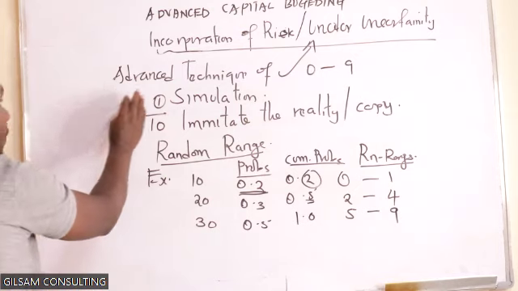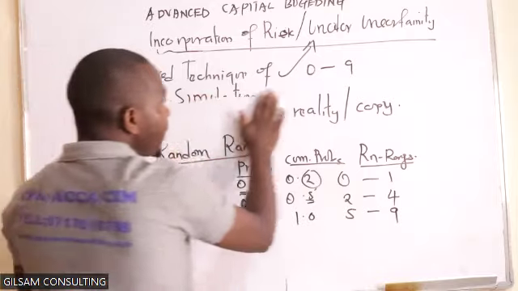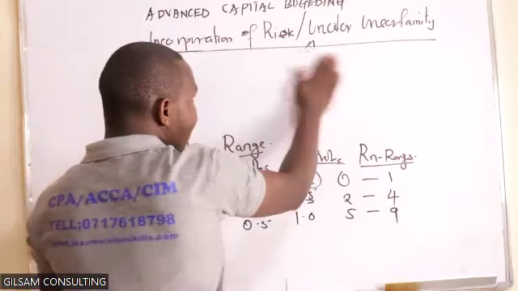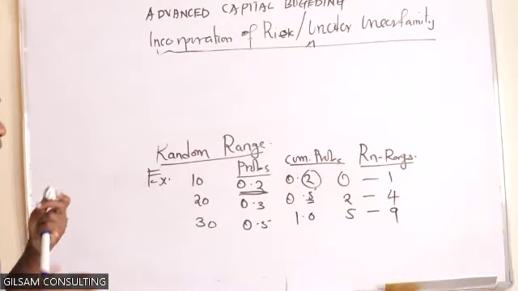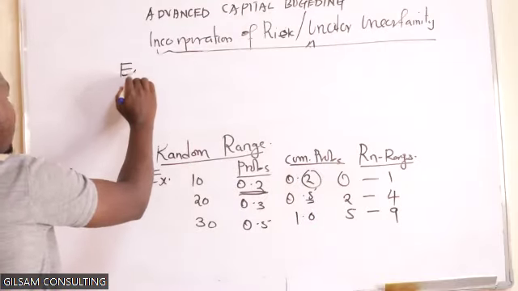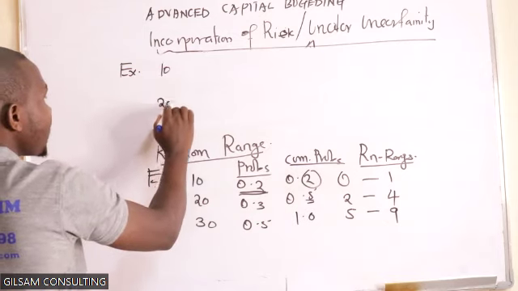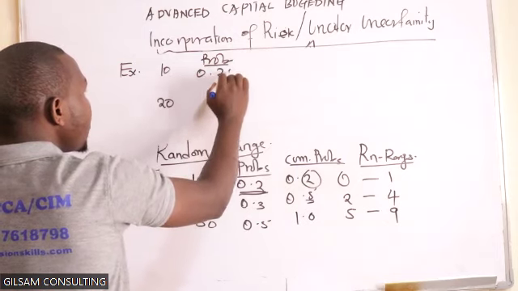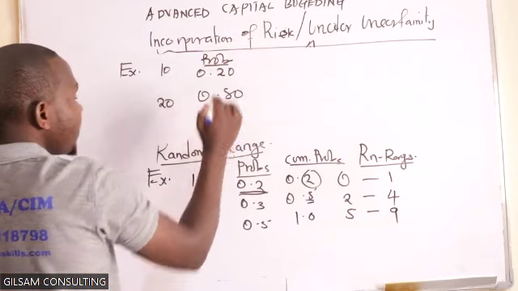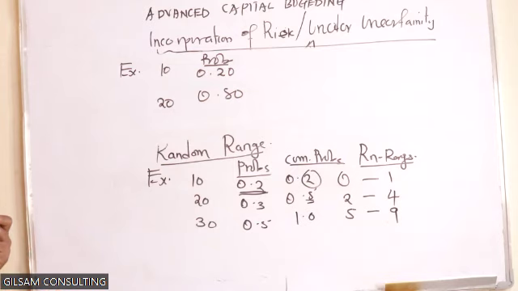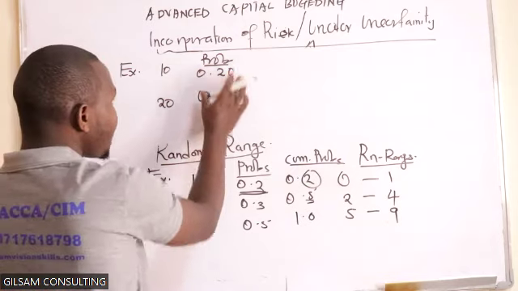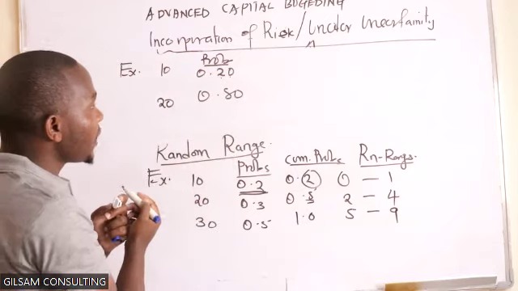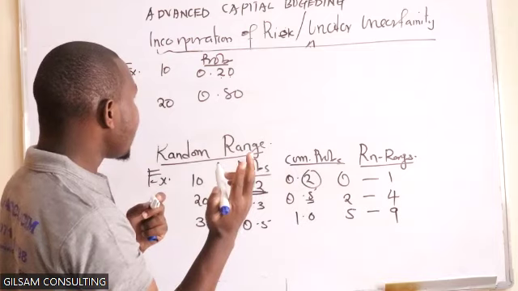That is if you have been given one decimal place. What about if we have two decimal places? Say the probabilities are 0.20 and 0.80. You find that this is two decimal places, so you get two digits.